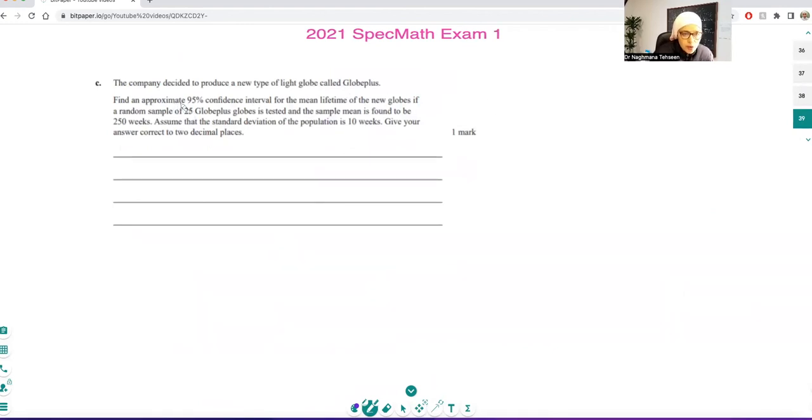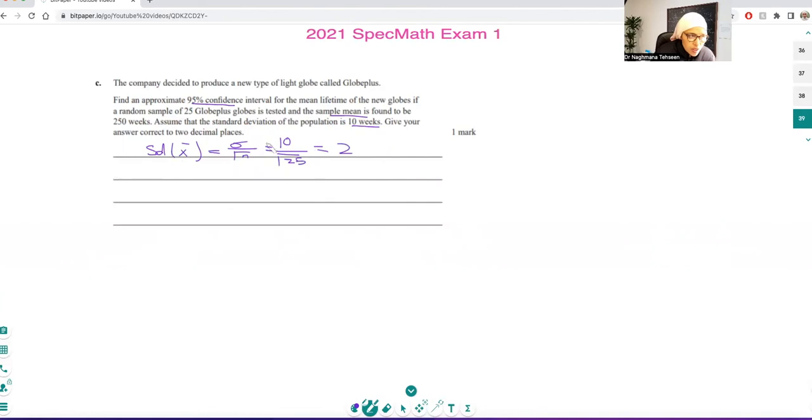For an approximate 95% confidence interval for the mean lifetime, we need to do now the 95% confidence interval. So we know that the standard deviation of X bar would be sigma over root n, where the population standard deviation is 10 over root 25, which gives you 2.